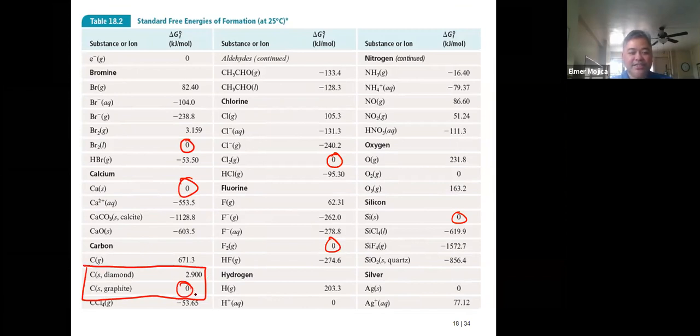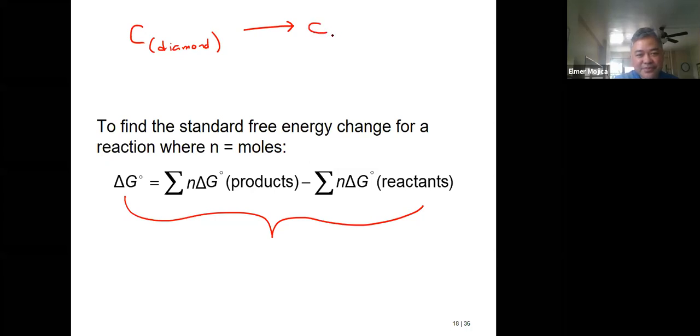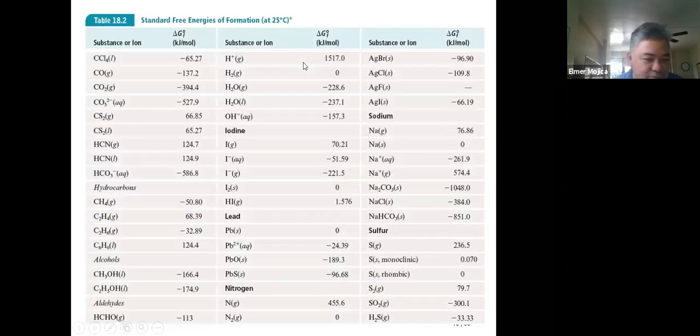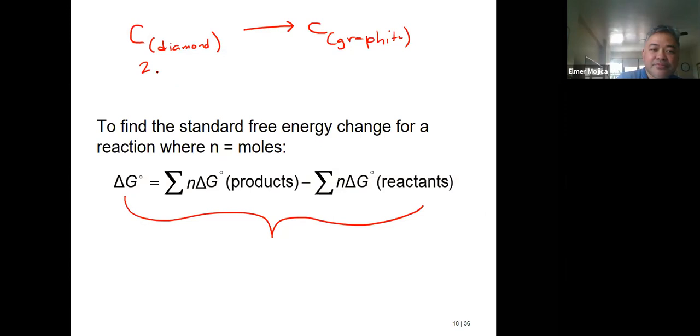So you have 2.99 and 0. So what does this mean? We're going to look at the values that they have there. You have 2.9 for diamond and 0 for graphite. So what is the delta G?